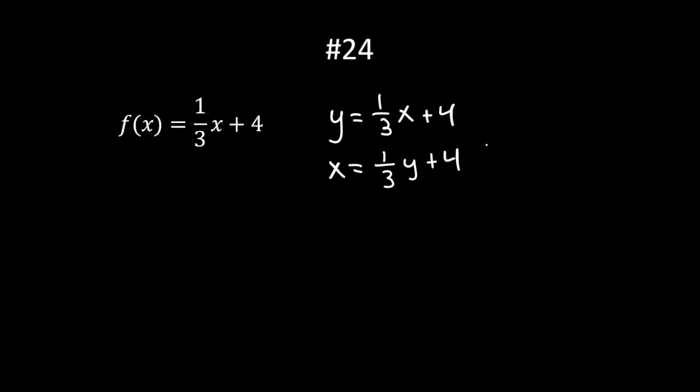So I'm going to subtract 4 from both sides. X minus 4 equals 1/3 y. And then I'm going to multiply 3 by both sides. All right, now I'm going to write it back in function notation.